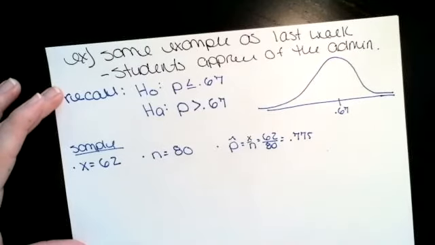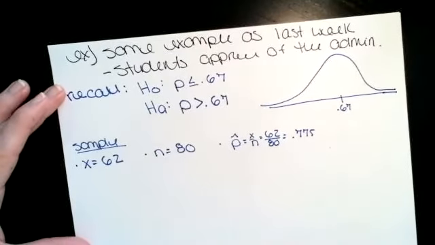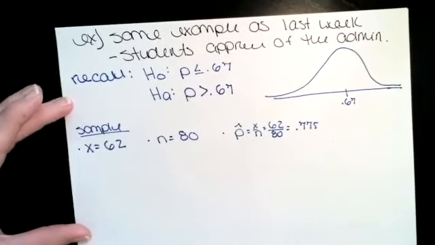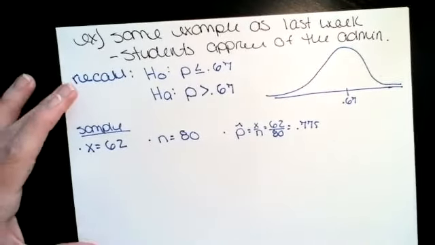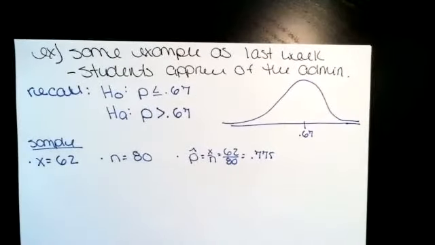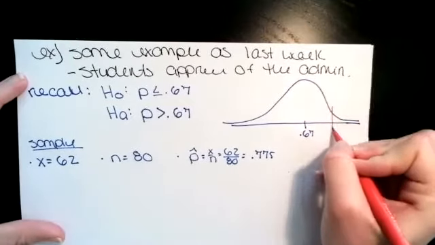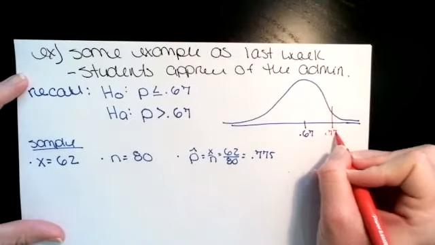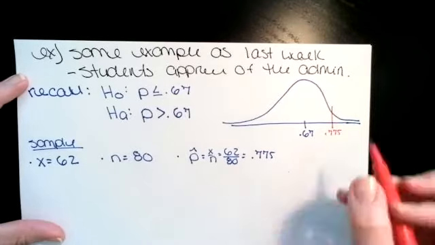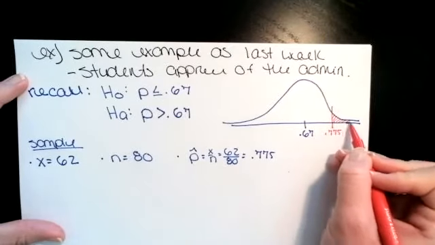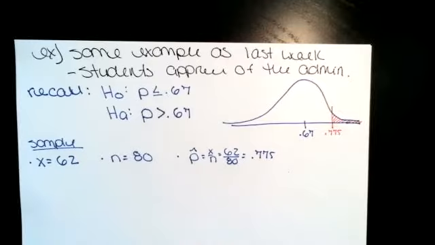I'm just refreshing our memory. And we did check for normal, and this one did come out normal. So we can move forward. That's what that's meaning. So what we're looking at is over here, we have 0.775, right? And we want to calculate this probability to the right of 0.775.